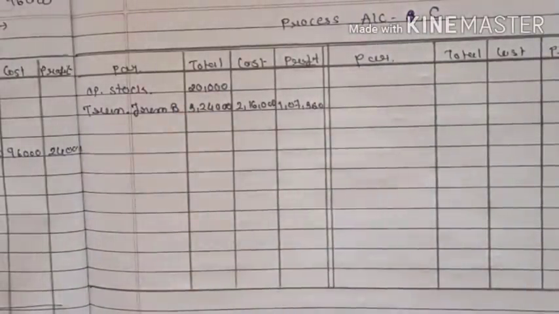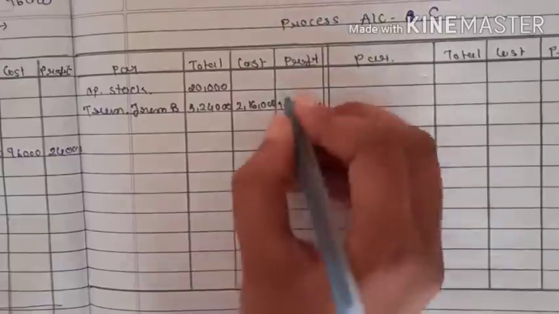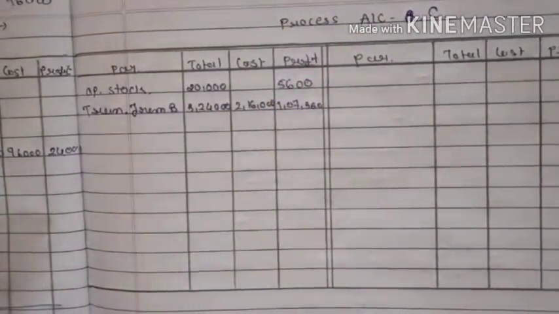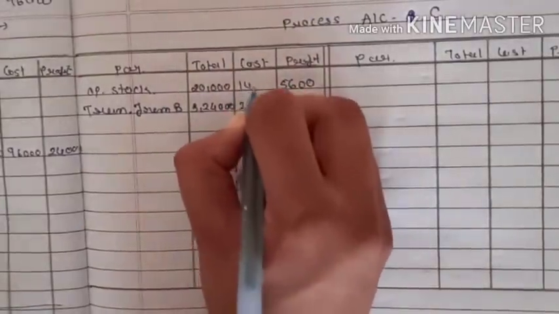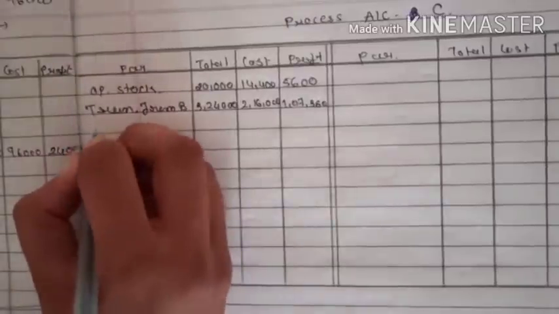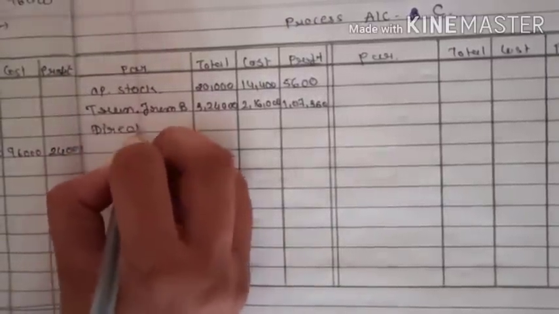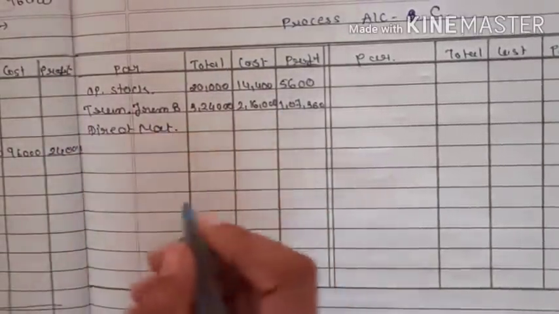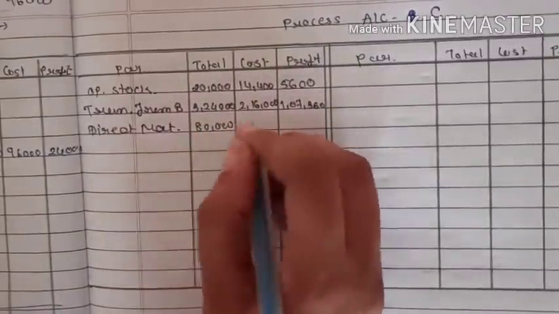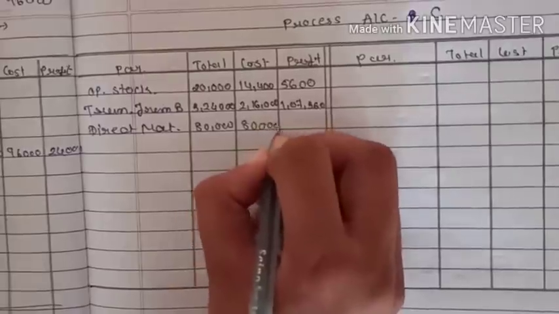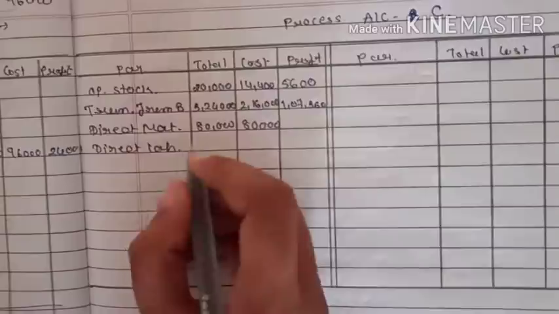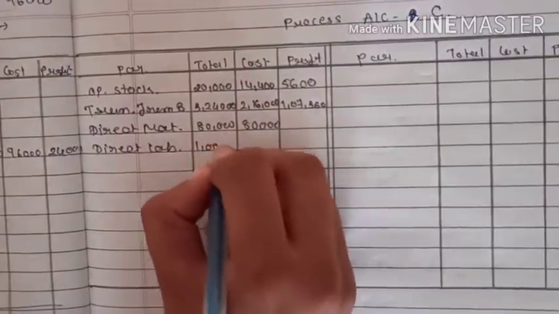Inter-process profit for the opening stock is given, 5,600. So 20,000 minus 5,600, 14,400 will be cost, right? Then direct material 80,000. Direct labor 1 lakh.